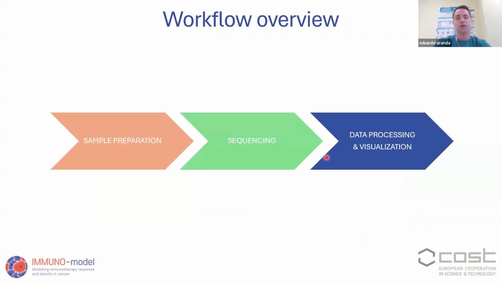The workflow to analyze this type of data can be divided into 3 parts. The sample preparation, which includes all the experimental parts performed in the laboratory; the sequencing, which includes the preparation of libraries for the sequencing of all the transcripts in each spot; and finally the bioinformatic part, processing all the data, analyzing, and subsequently visualizing it, which is the part that I'm going to focus on today.